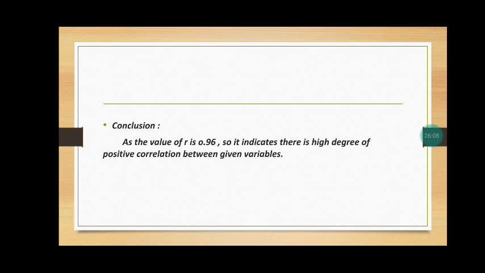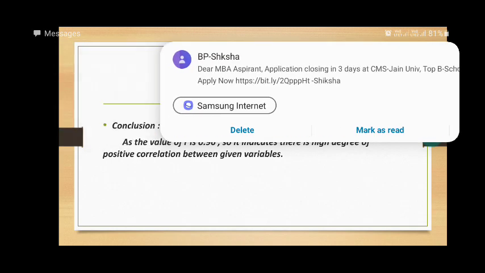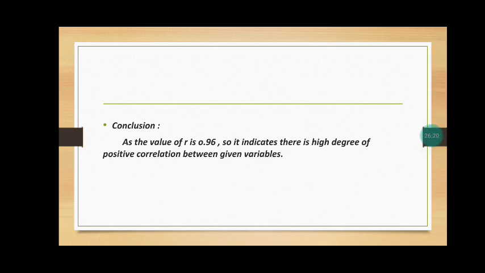When the value of the coefficient of correlation is more than 0.75, what do we say? That we say there is a high degree of correlation between the two variables.